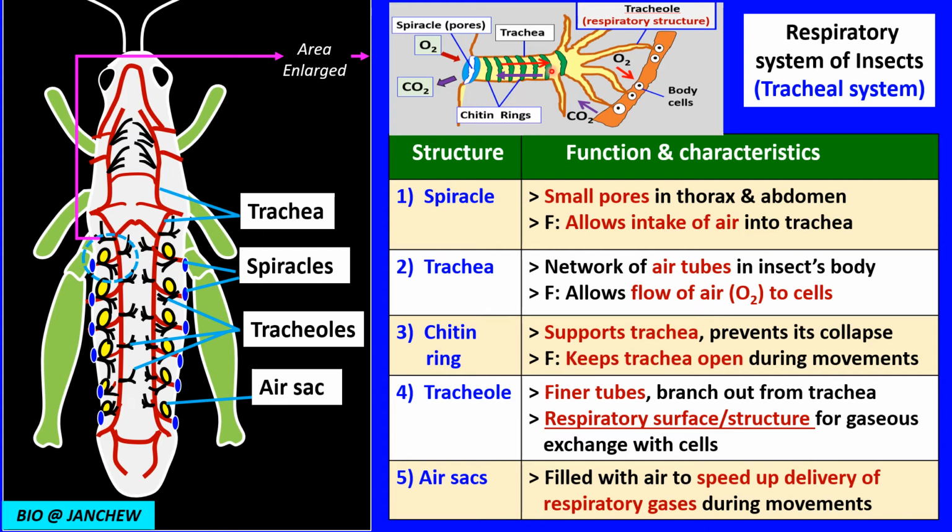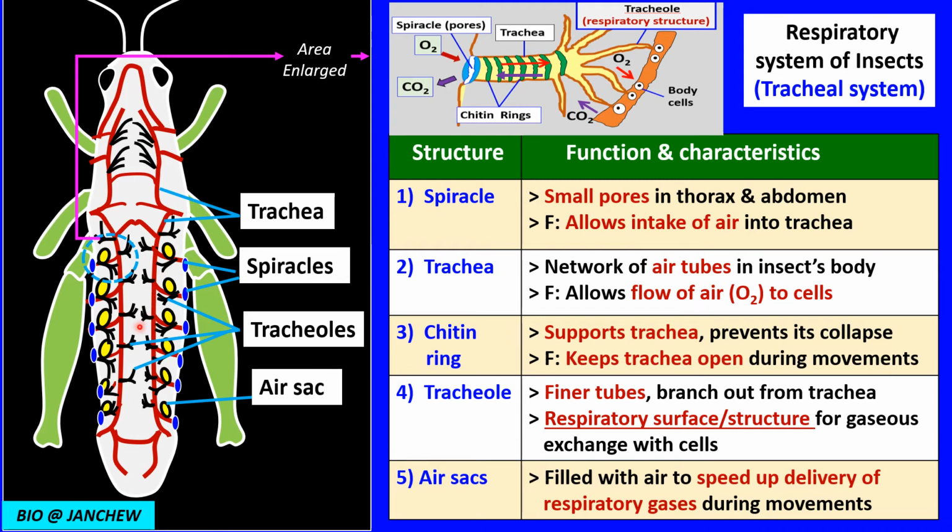Then lastly, we have the air sacs, which are not shown here, but they are shown here. The yellow structures here are the air sacs, and they are just at the side of the trachea. Their function is that they contain air, and when the abdominal muscles contract, this air will be pushed out from the air sacs, and it can help to speed up delivery of respiratory gases to the body cells during movement.